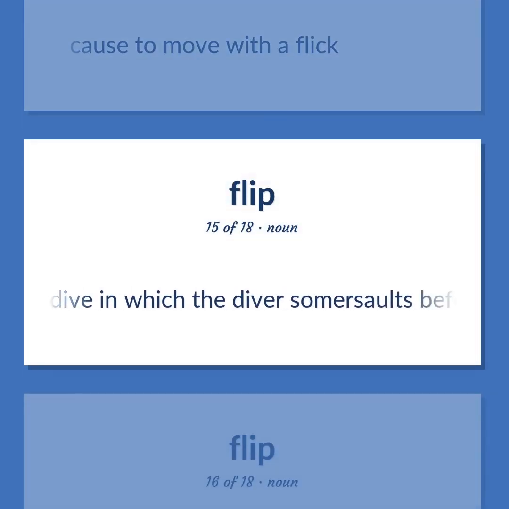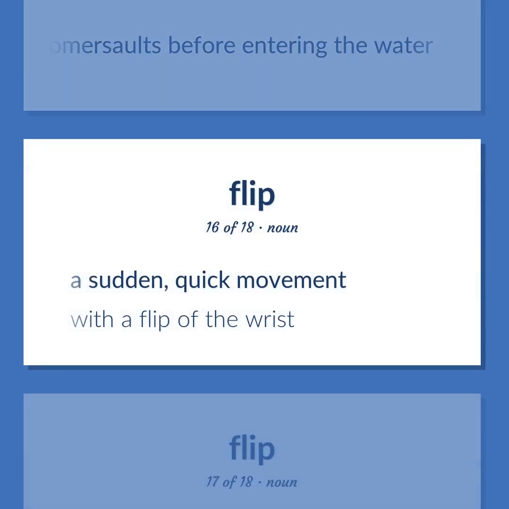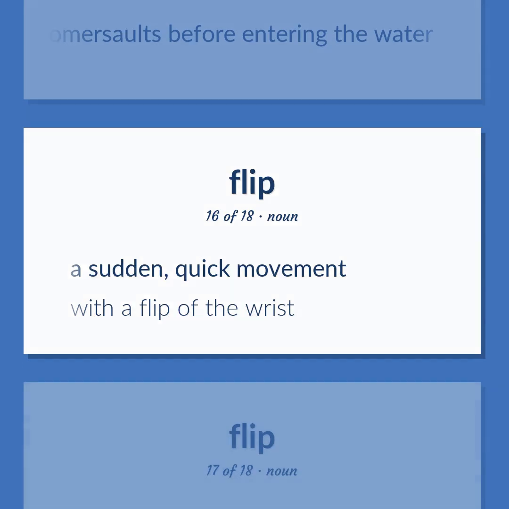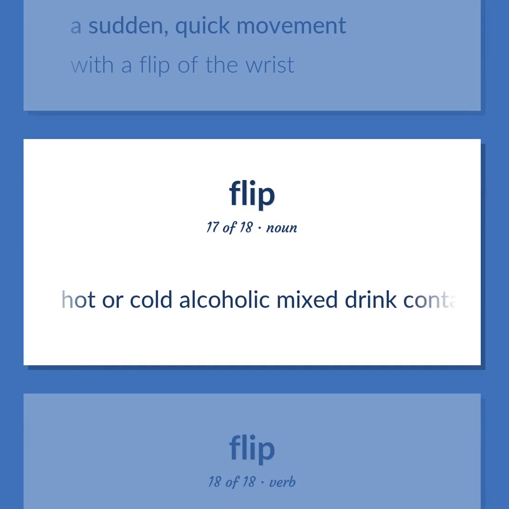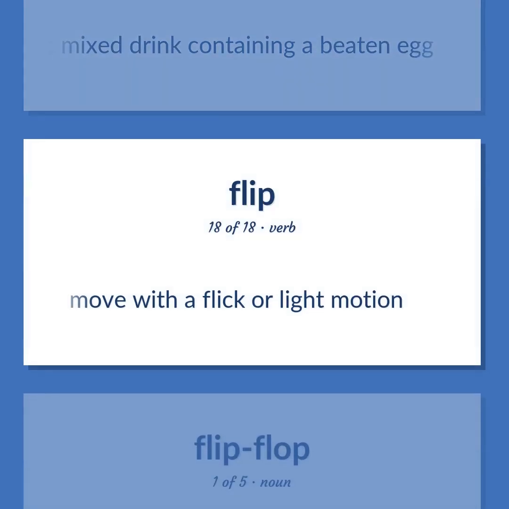A dive in which the diver somersaults before entering the water. A sudden, quick movement. With a flip of the wrist. Hot or cold alcoholic mixed drink containing a beaten egg. Move with a flick or light motion.